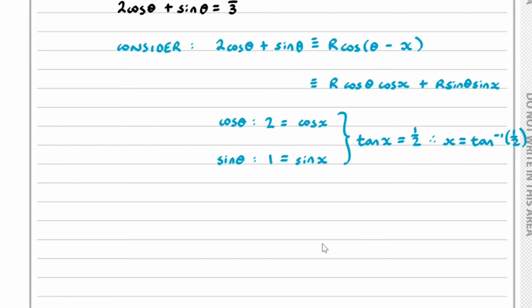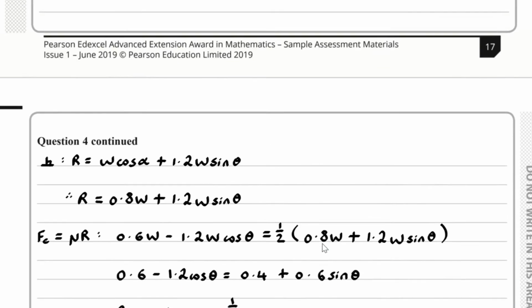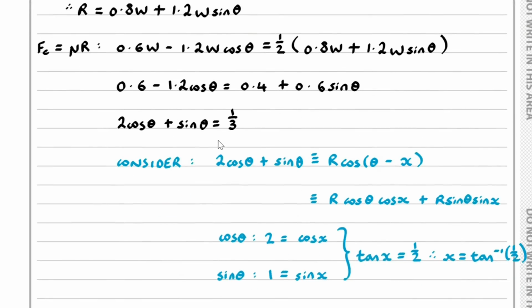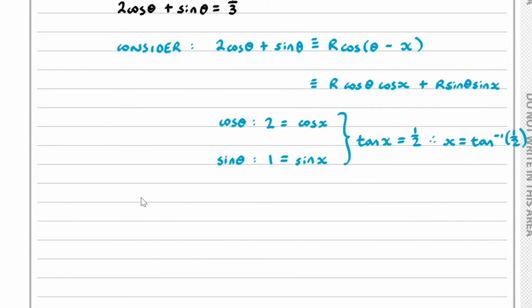And knowing that, we can now, as we did before, find out what R is. R is equal to 1 squared plus 2 squared square rooted, which is square root 5. And so therefore, we know what R is, we know what x is.